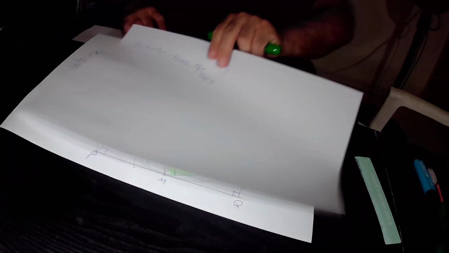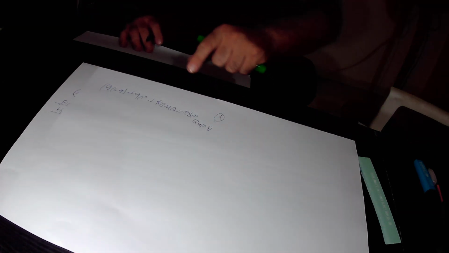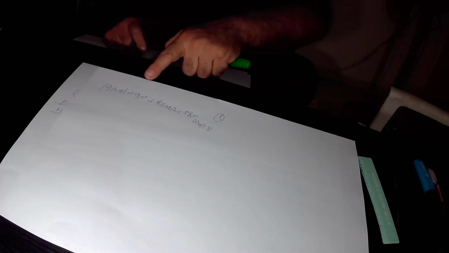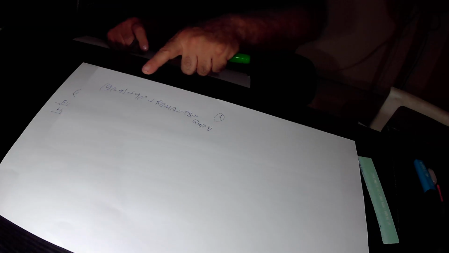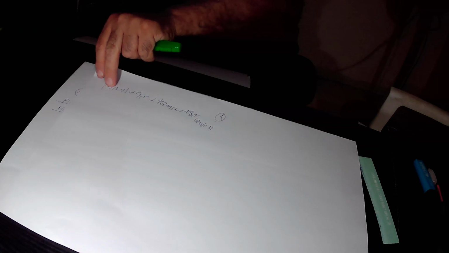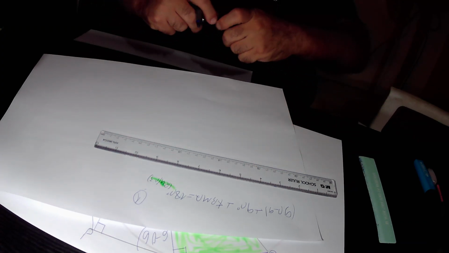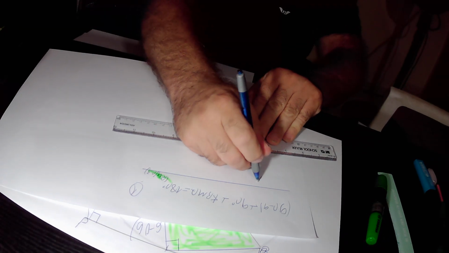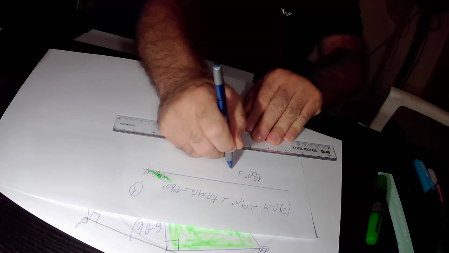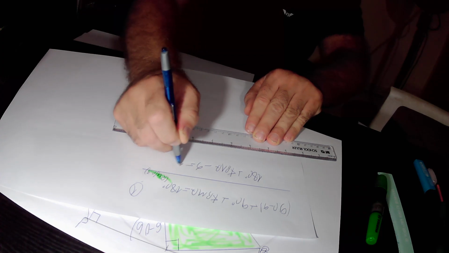Again, 90 degrees minus alpha plus 90 degrees plus the missing angle BMQ must be equal to 180 degrees according to rule 3. 90 degrees plus 90 degrees is 180 degrees, so we have 180 degrees plus the missing angle BMQ minus alpha equals 180 degrees.